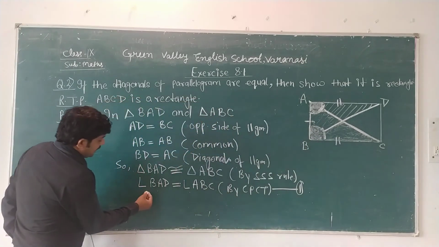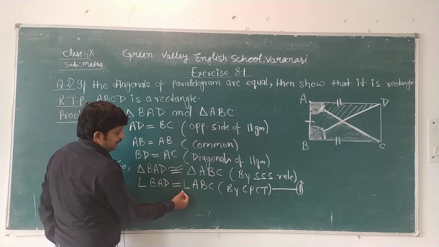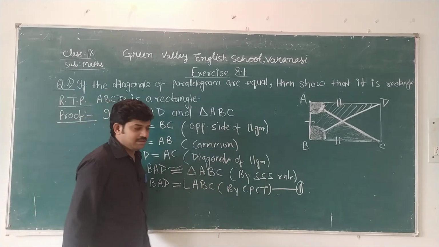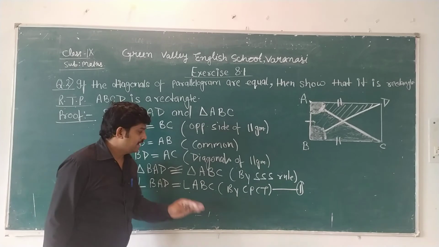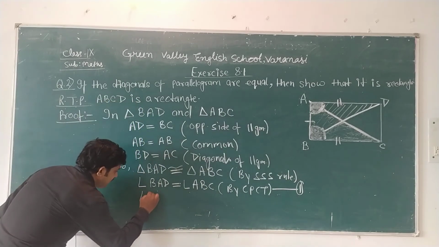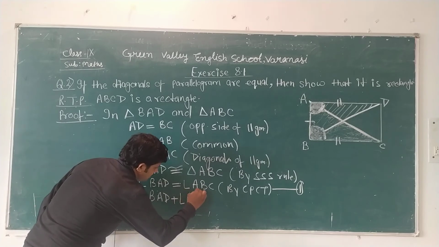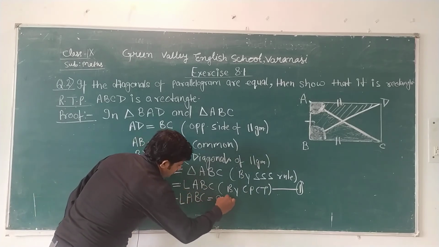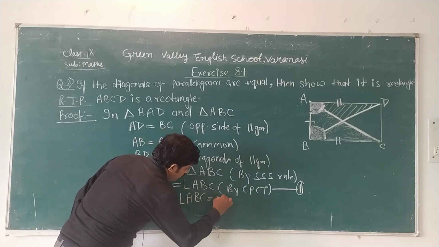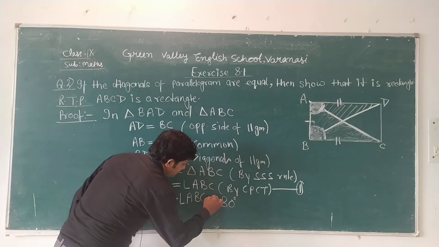Here angle BAD is equal to angle ABC by CPCT, and angle BAD plus angle ABC is equal to 180 degrees.